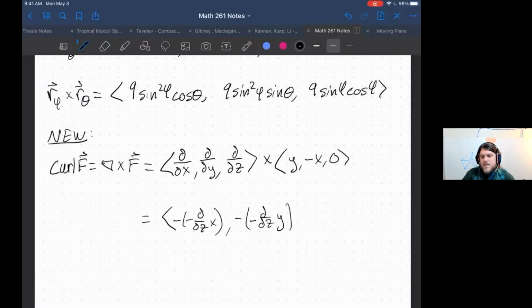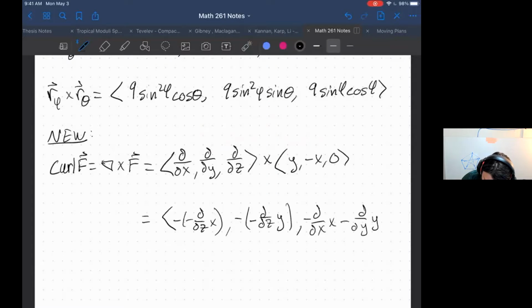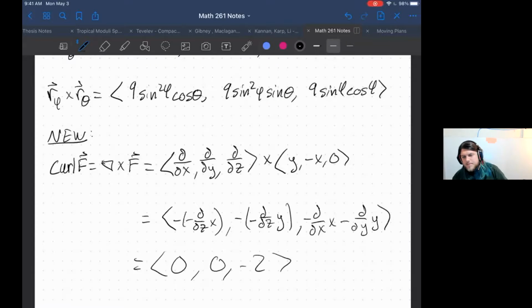I'll write this as del z of y. And for the third component, we get del x of negative x minus del y of y. Okay, so all this is to say that we get a 0 in the first component, a 0 in the second component, and a negative 2 in the third component.